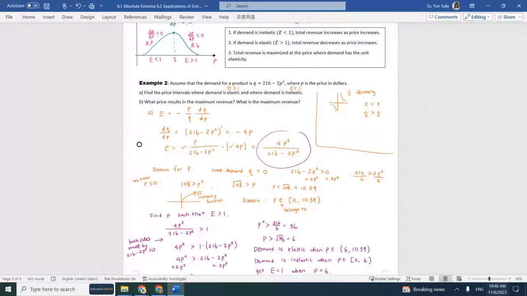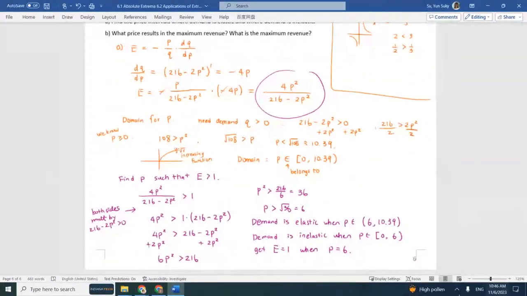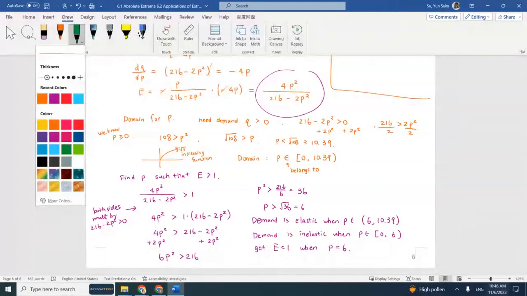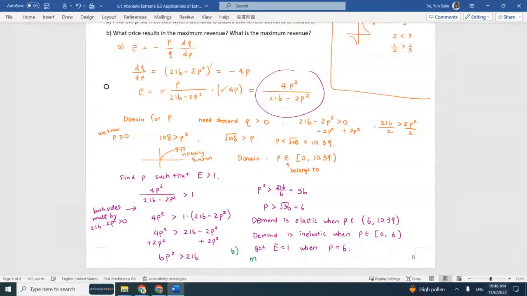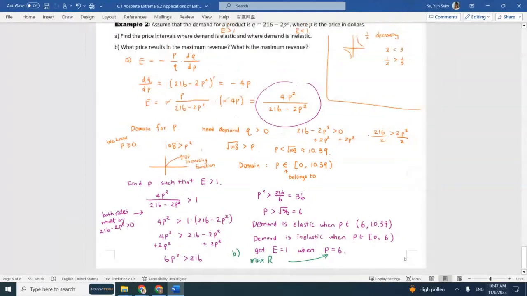Okay, so part B, what price maximizes revenue? Okay, maximize revenue, part B, maximize revenue when P equals 6. And what is the maximized revenue? Okay, revenue.